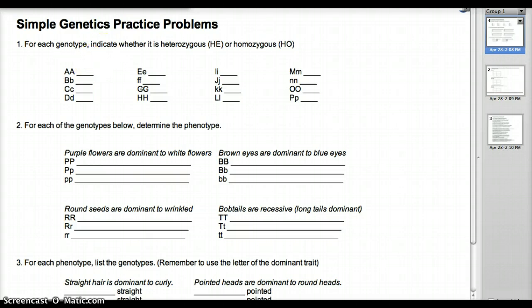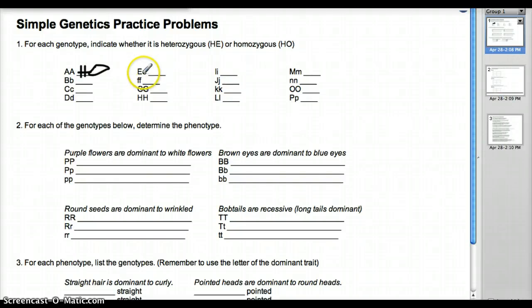If you look at this first one, big A, is that heterozygous or homozygous? Well, if you look, both of them are the same, so that would be H, O. I'm not good at drawing this with my fingers, so that would be homozygous, okay?